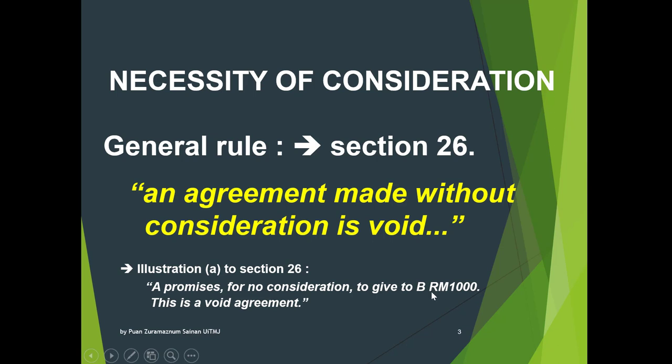So that is the example where the agreement is made without consideration. Therefore, by virtue of this Section 26, consideration is essential, is important to make a valid binding contract. Without consideration, the agreement is not a contract.